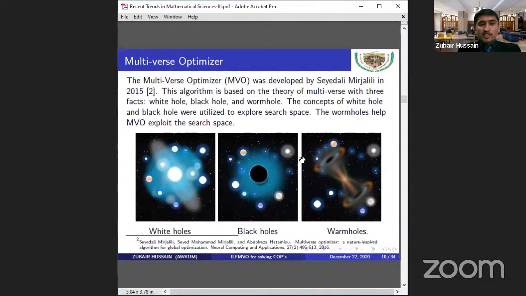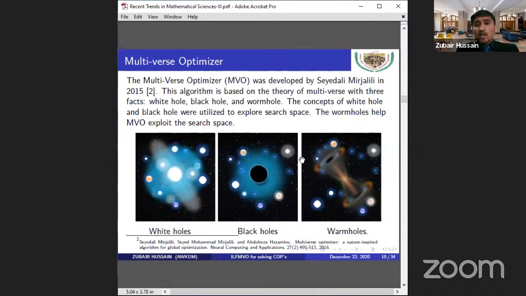In this sense, it is the reverse of a black hole. And the third term is wormhole. A wormhole is a speculative structure linking disparate points in space and can be visualized as a tunnel with two ends at separate points in space-time.